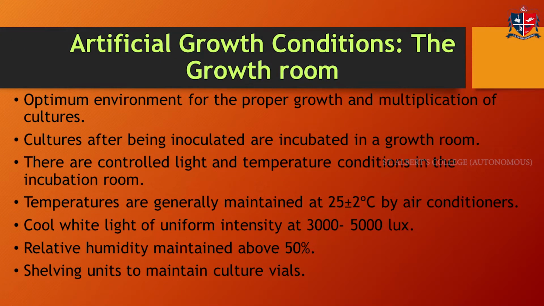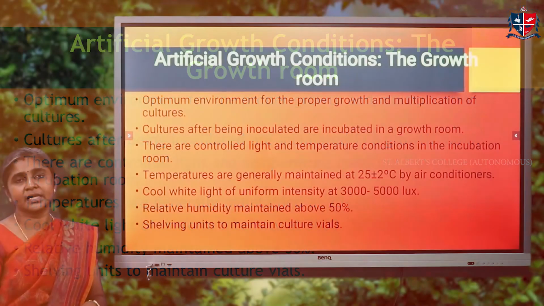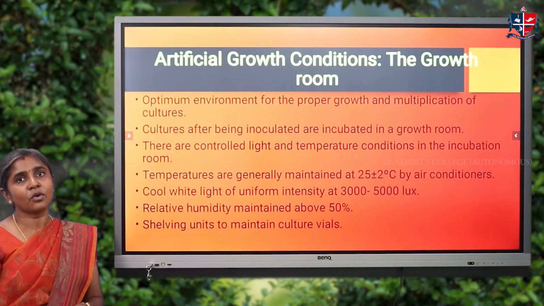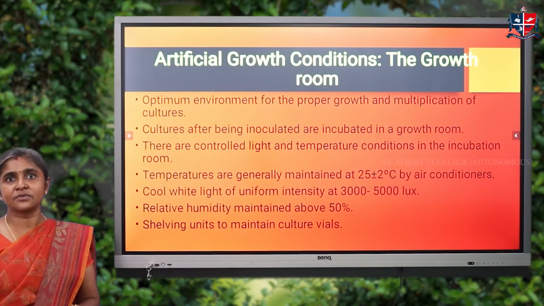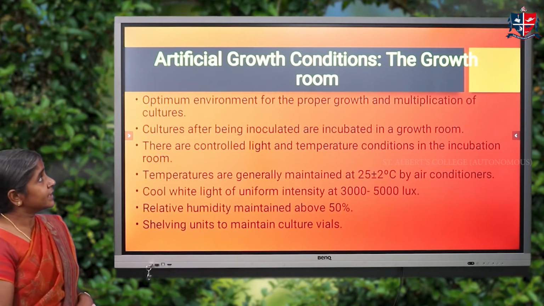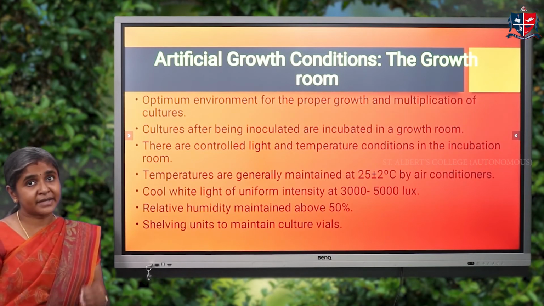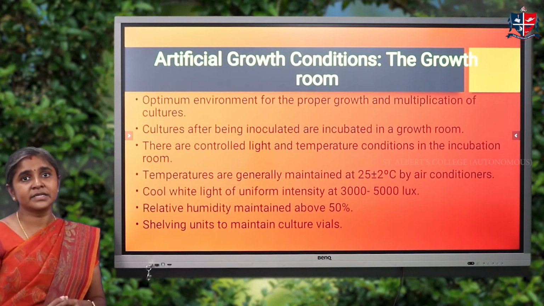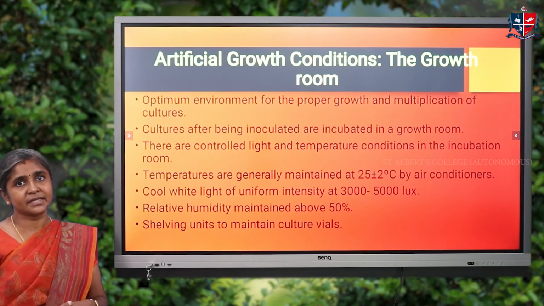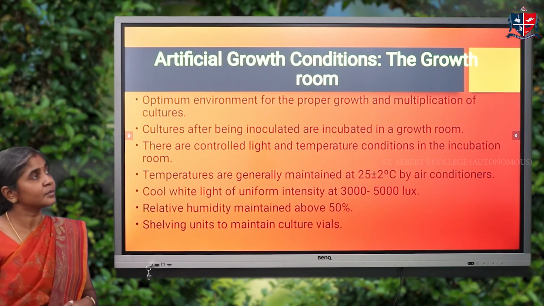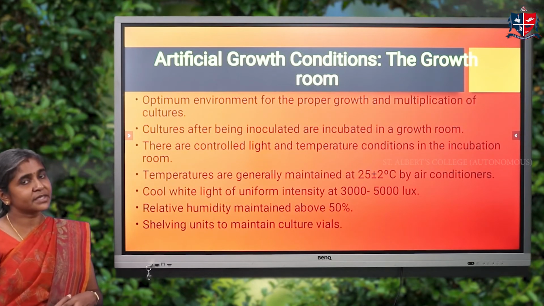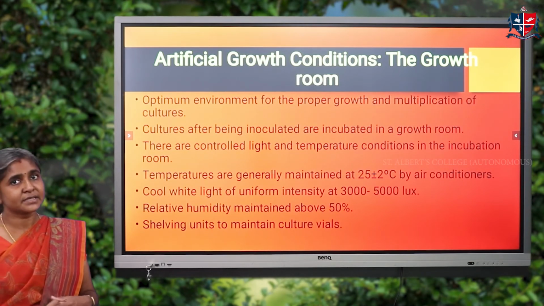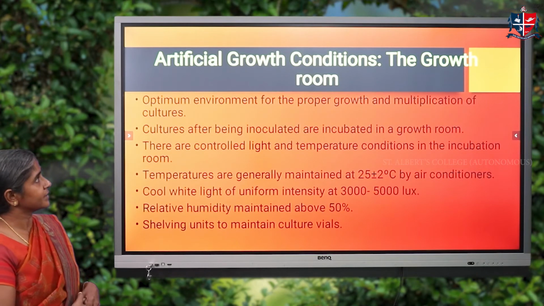Now, coming to the artificial growth conditions, normally the cultures will be maintained in an incubation room or a growth room, where we provide the artificial conditions for growth. So, there it is mandatory that the optimum growth conditions are properly maintained, so that the growth and multiplication of the explant is happening in a proper manner.